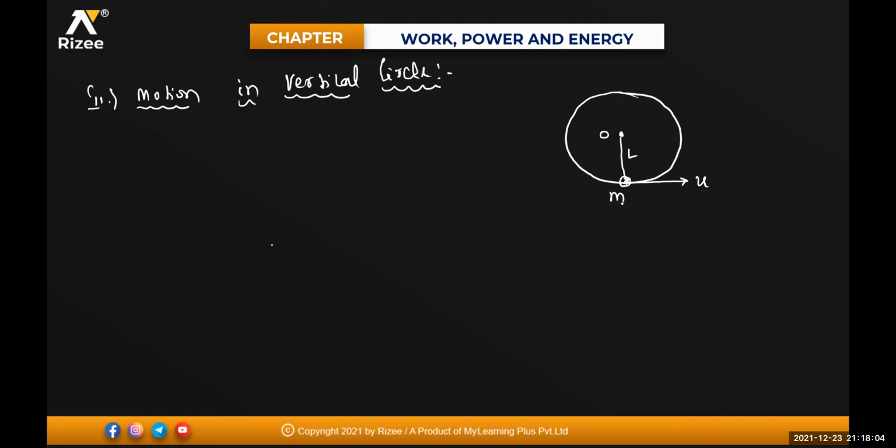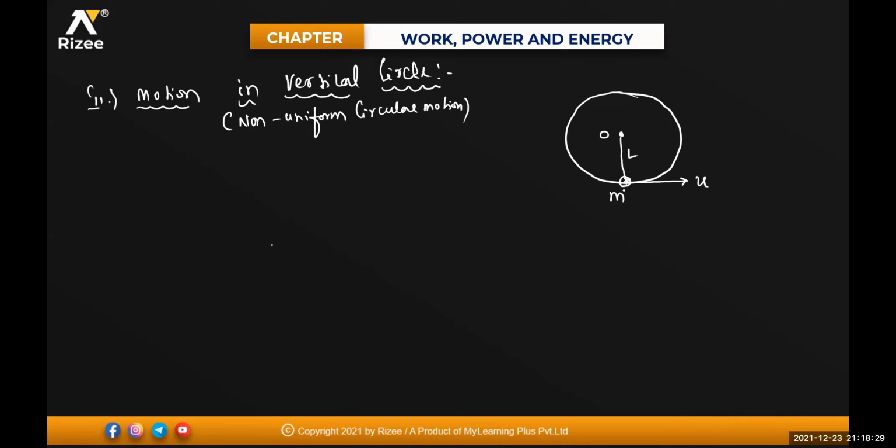Hence the particle will have the centripetal acceleration as well as the tangential acceleration. Therefore, the vertical case is an example for what? Non-uniform circular motion. So here the body is having both centripetal acceleration as well as tangential acceleration.